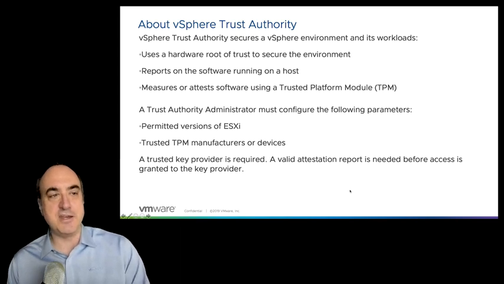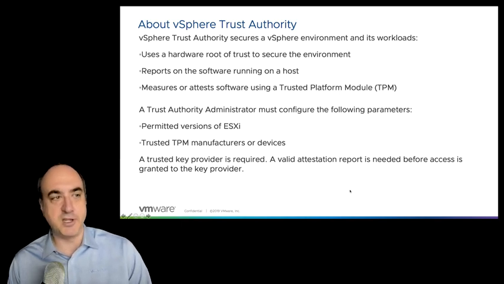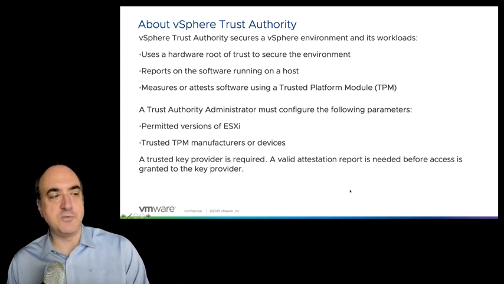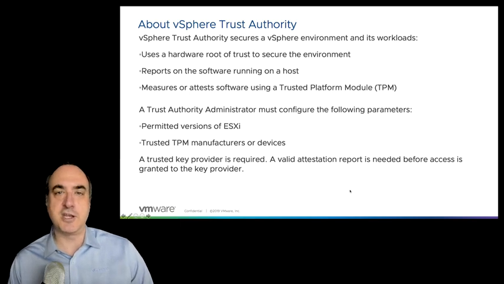So in there, you then define what are the permitted versions of ESXi that can run. Of course, they got to be vSphere 7 or later. You set trusted TPM manufacturers, and you also will have a trusted key provider, right? A special key server that is talking to this cluster. That removes the connection that we would have normally had with the key provider connected to vCenter. Now the key provider is actually connected to a cluster.